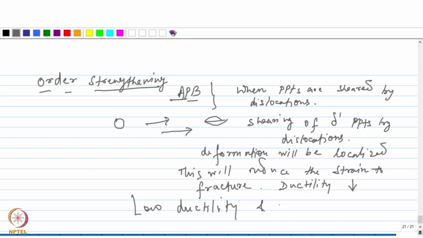And this was the major reason as to why these alloys did not really take off, even after having favorable properties, particularly with regard to the strength to weight ratio. This was due to this low ductility and fracture toughness.